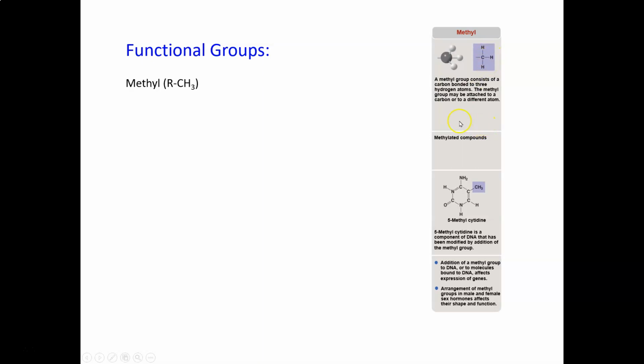Methyl groups are interesting for a bunch of reasons, but remember earlier we said that when carbon and hydrogen combine, they have fairly similar electronegativities, which means that we are just as likely to find that electron around carbon as we are the hydrogens.